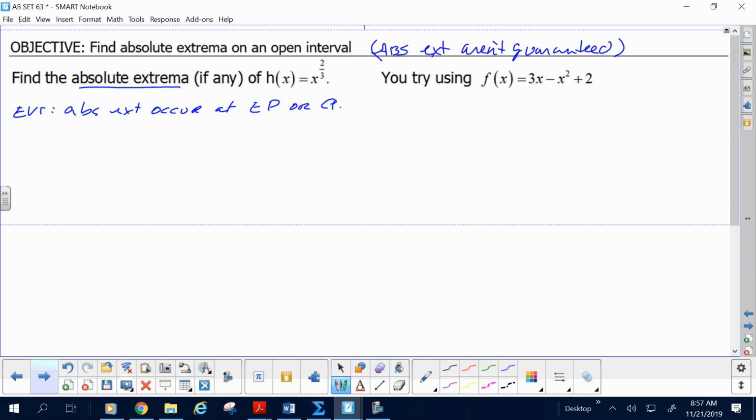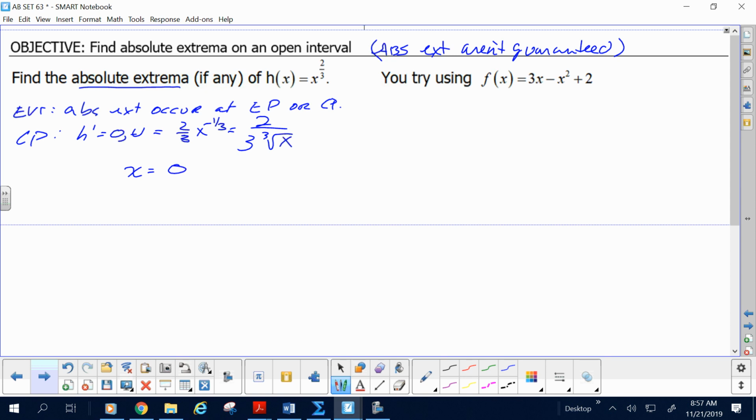So I guess we're just going to focus on critical points. If the derivative is 0 or undefined at 2/3 x to the negative 1/3, does that have critical points? Is there a critical point? Yeah, x equals 0 is a critical point.